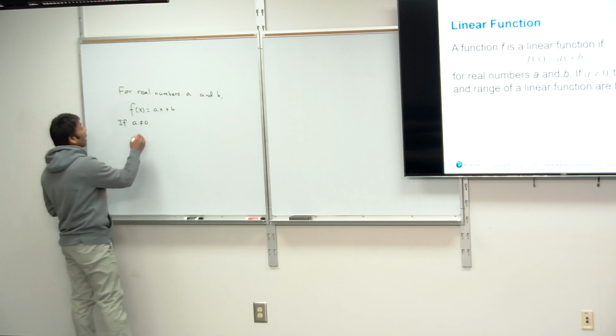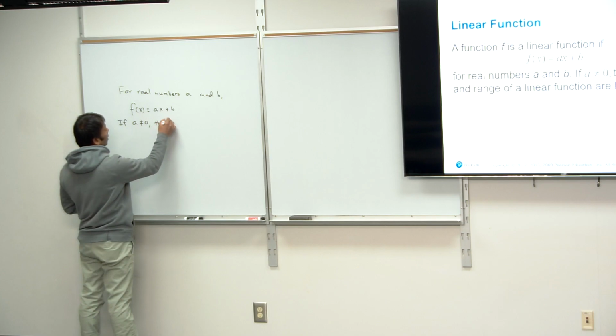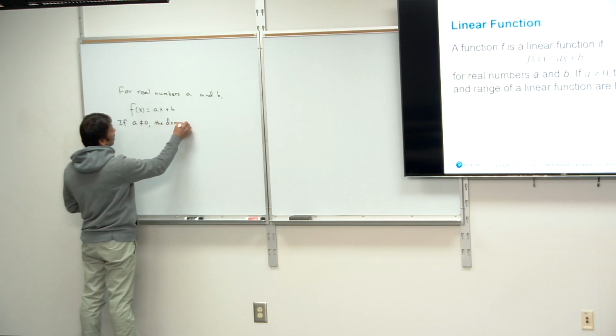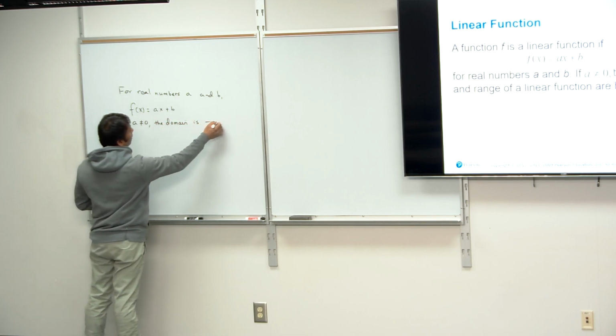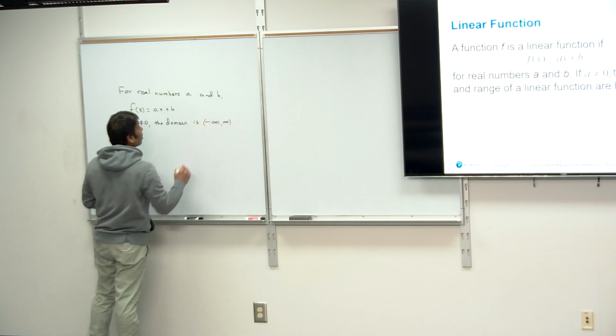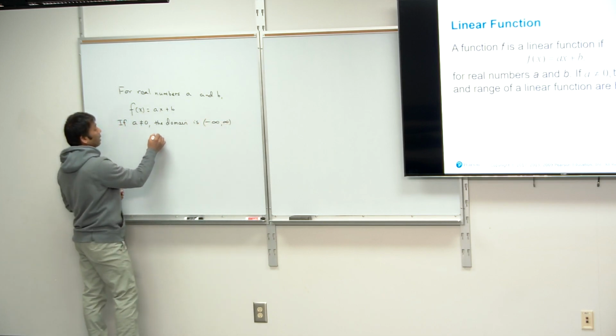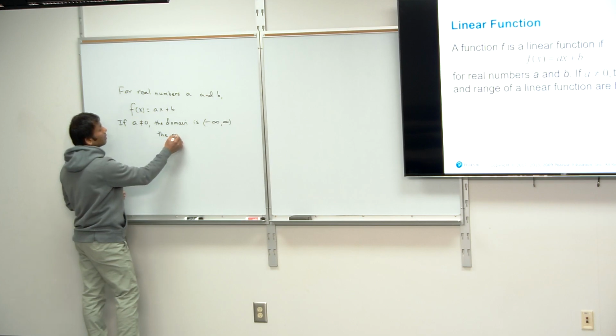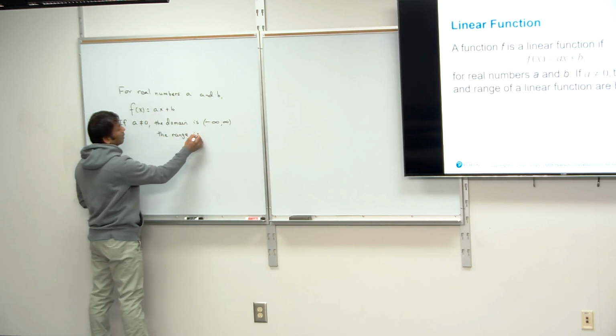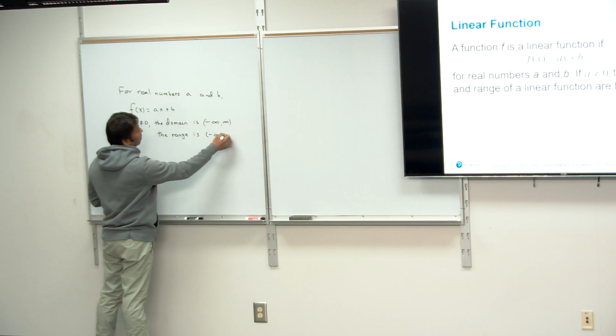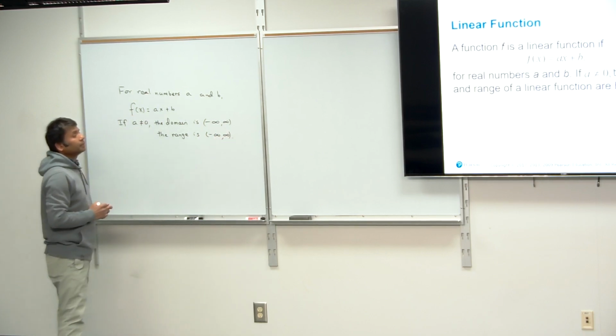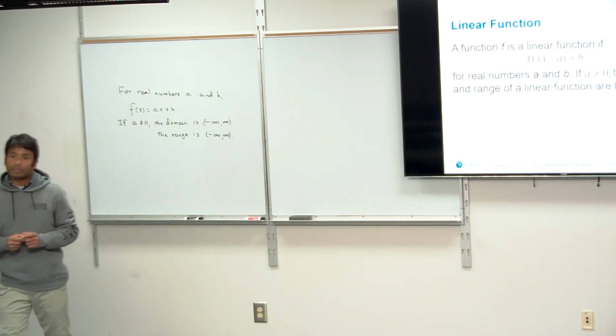then the domain is what? The domain is negative infinity comma positive infinity, set of all real numbers, and the range is also what? Negative infinity comma positive infinity. Okay?